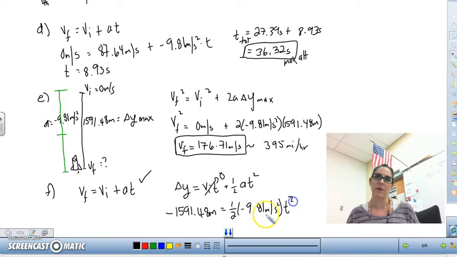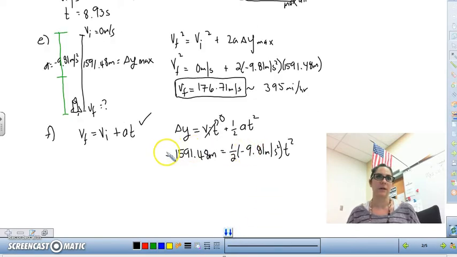And then there we are. Now if you notice, the negative signs will cancel, so I can solve for time. So let's do that. 1591.48 divided by 0.5 divided by 9.81. Square root the answer. We get a time of 18.01 seconds to fall.